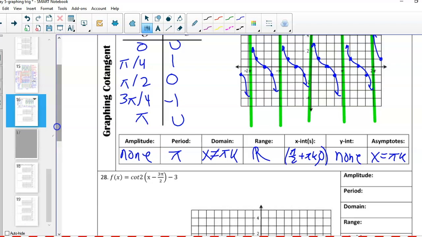And then you wouldn't have a midline also. The x-intercept. This is pi over 2. Oh, sorry. Negative pi over 2.